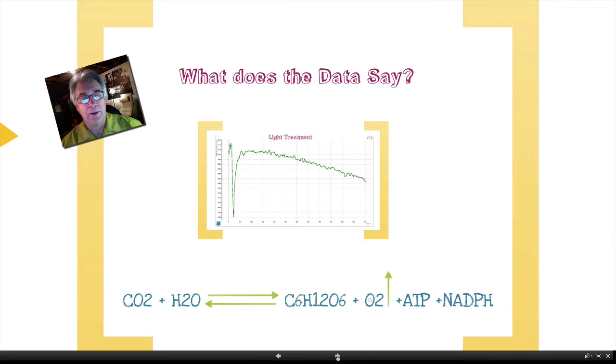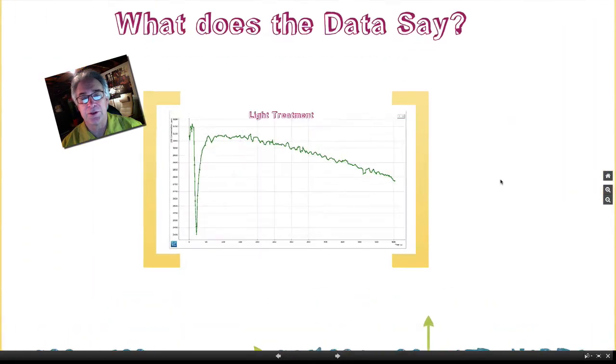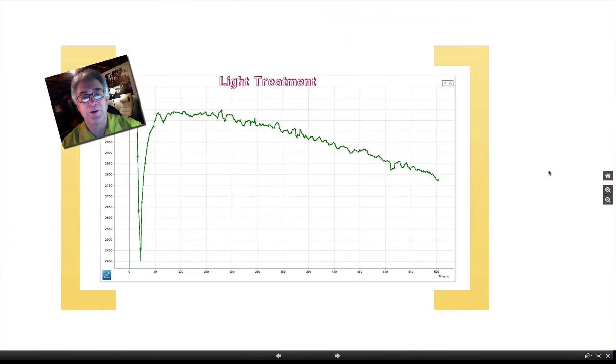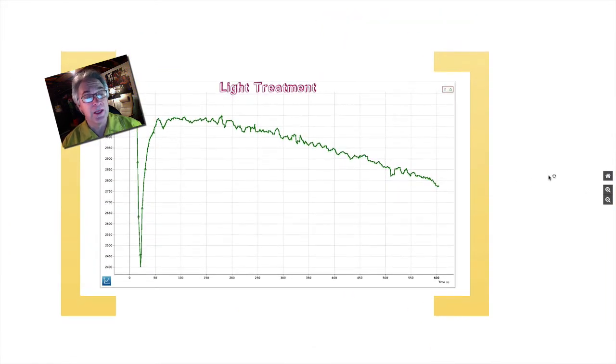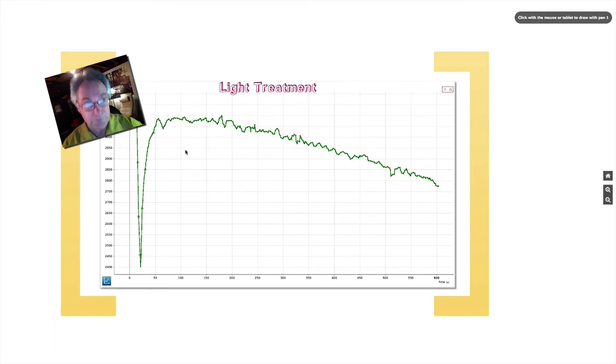And what happened? What does the data say happened? Well, let's take a look at it. Let's zoom in on it just a bit and a little bit more. There we go. This is the light treatment, and in this case, you could see that right here it was 3,080 parts per million of CO2.